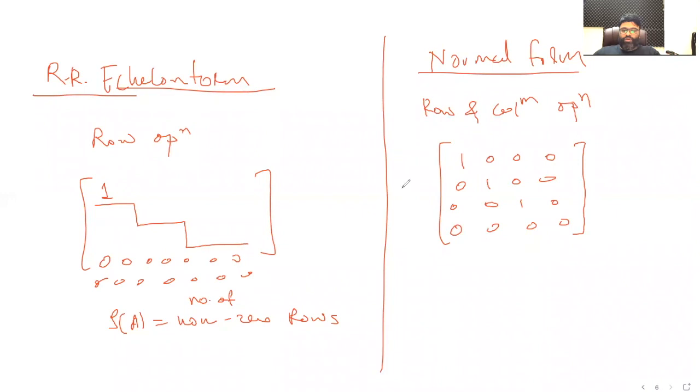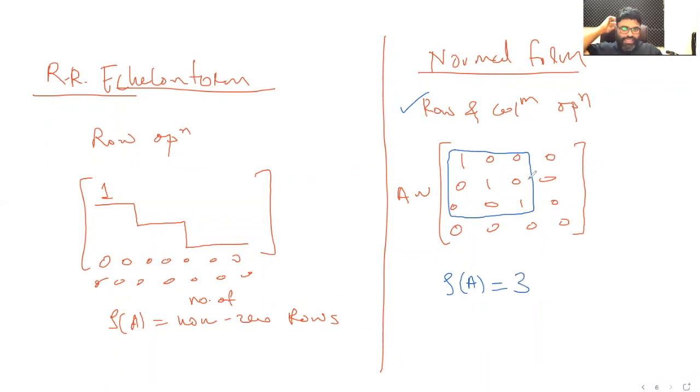This is what we want to reduce your matrix into. And of course, to do this, you will need both row as well as column operations. Okay. And in this, the rank is the size of the identity matrix. So let's say if your matrix A, after doing row and column operations, reduced like this, then you would say rank of A is 3 in this particular case. And that's the normal form.